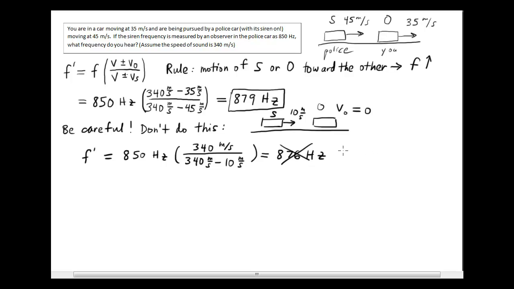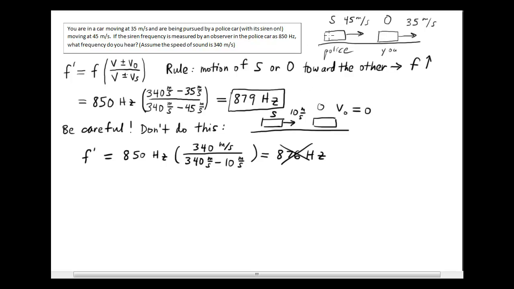It's incorrect. And the reason that this trick, what looks like a simplifying trick, does not work is because both the motion of the observer and the motion of the source can cause a shift in the frequency. And the reason is that the speeds they travel at are measured with respect to the reference frame in which the air is motionless.